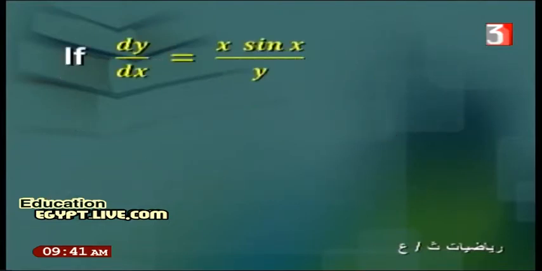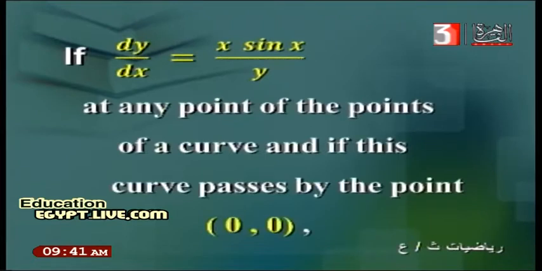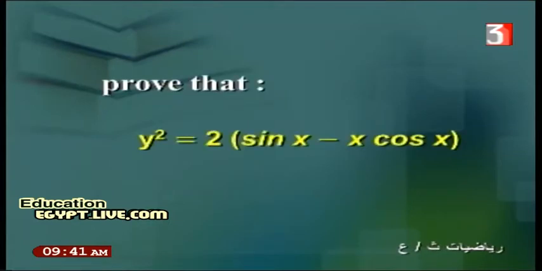Another example. If dy dx equals x sine x over y at any point of a curve, and if this curve passes through the point (0,0), prove that y power 2 equals 2 times (sine x minus x cosine x).